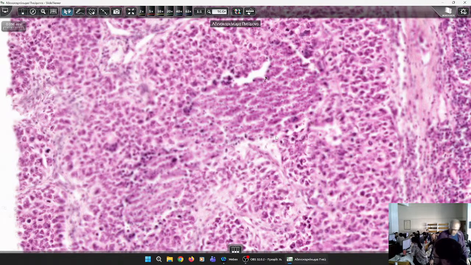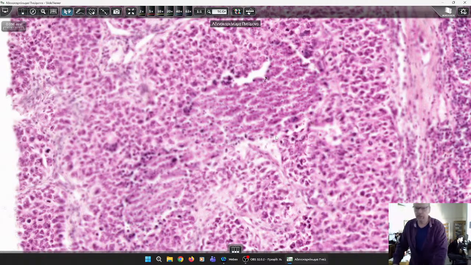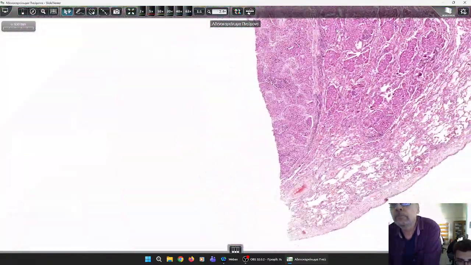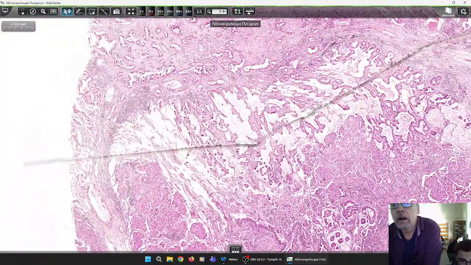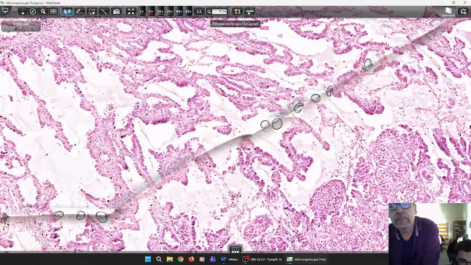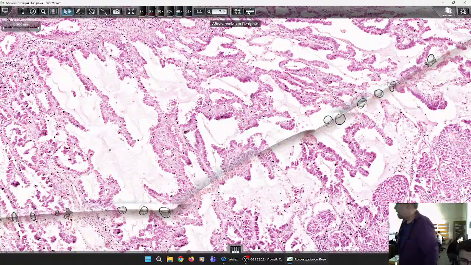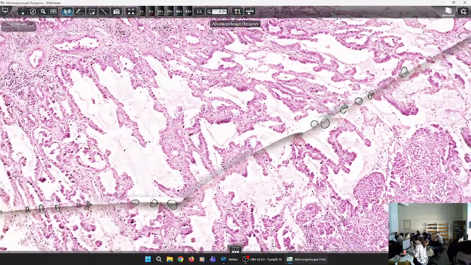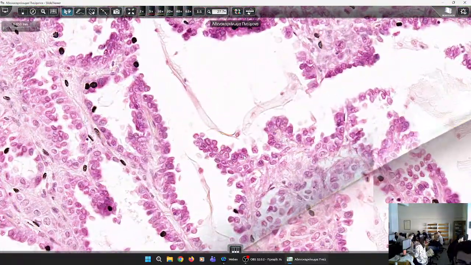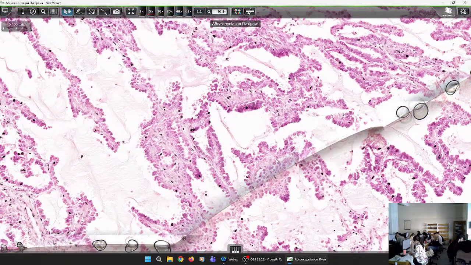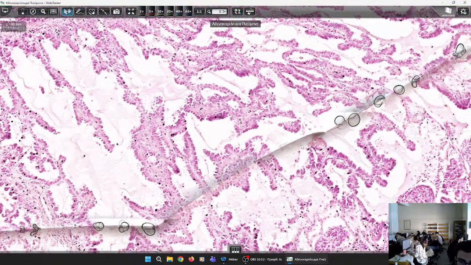Okay? And what else can you see in this slide? We have this pattern. Here are malignant adenocarcinoma cells lining some empty spaces. Do you think that these spaces are glands?